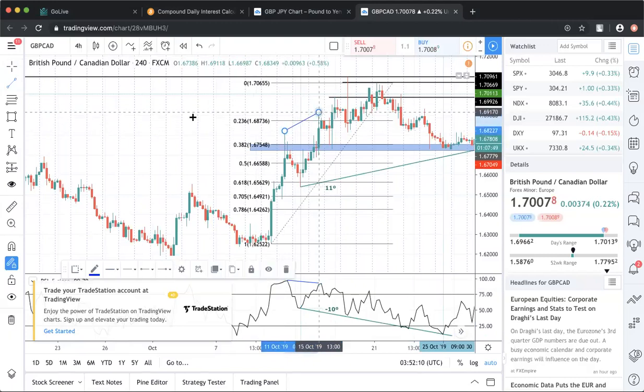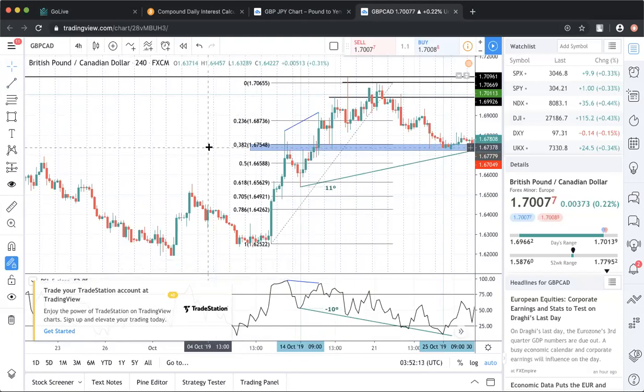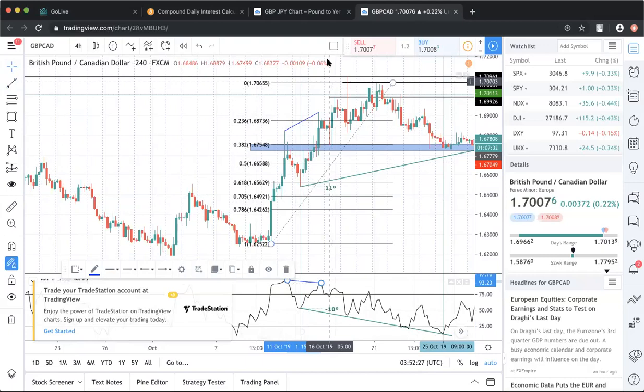So the two divergences are going to give you different entries, let's say, if you're a more experienced trader, right? This divergence is going to happen before this one, before the big one, right? So I'm going to see the bearish divergence on this chart before I see the bullish one. So I could be going into sells, right?